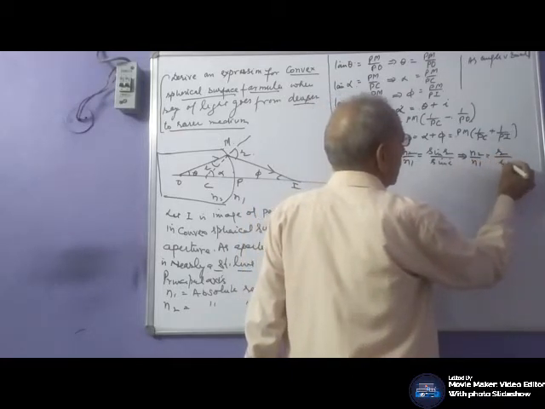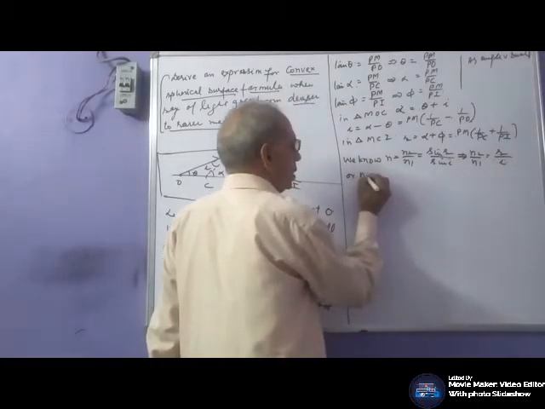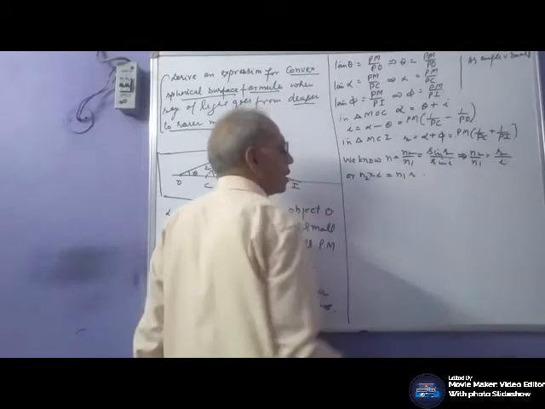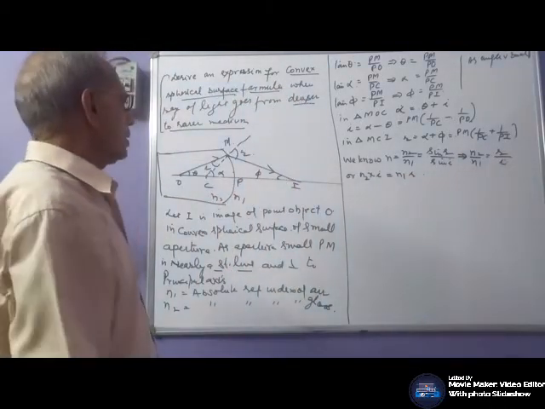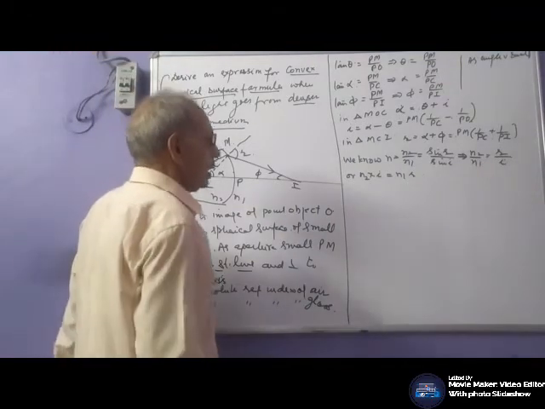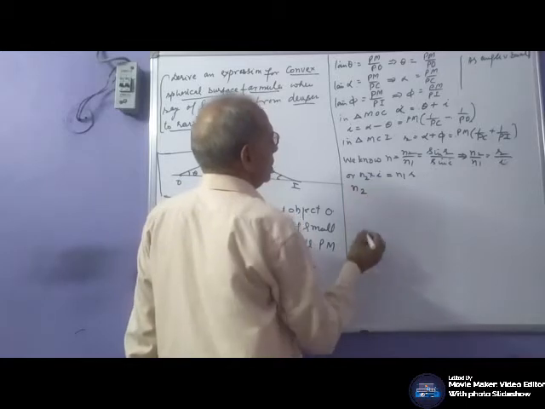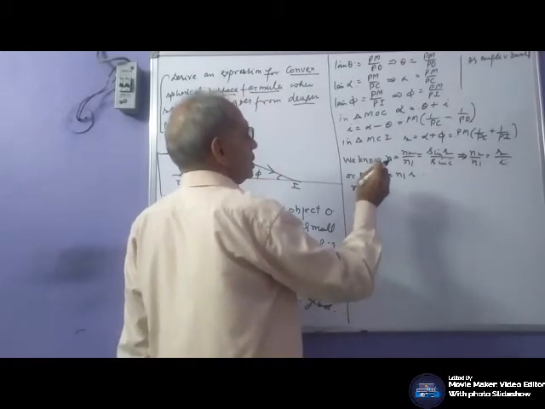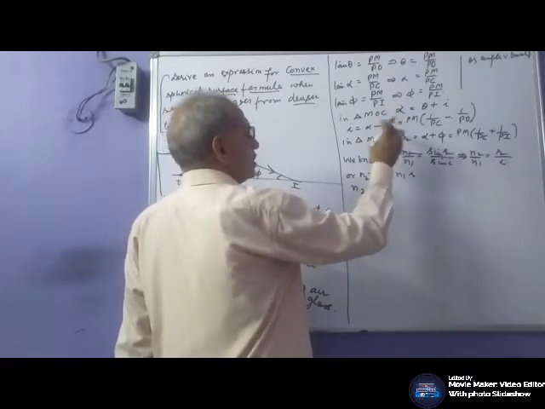So R by I, or N2 into I equals N1 into R. Why? The angle of incidence is small, so the angle of refraction is small.